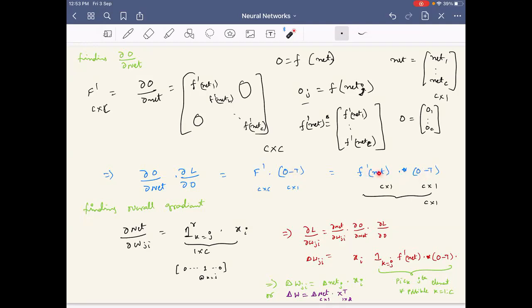And this together is nothing but the back propagated error, that is ∂L/∂net. Please note that we can write ∂L/∂O as delta O, and this as delta net.